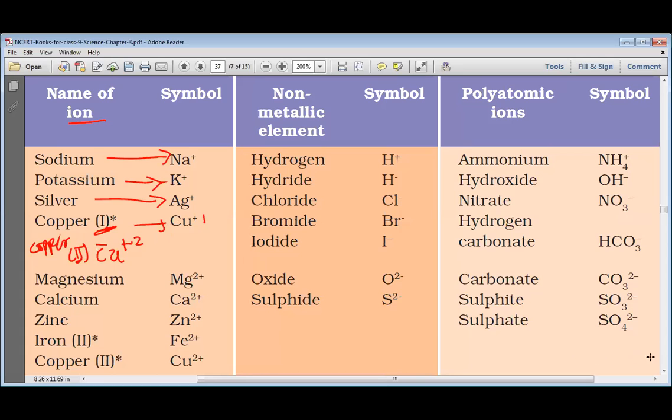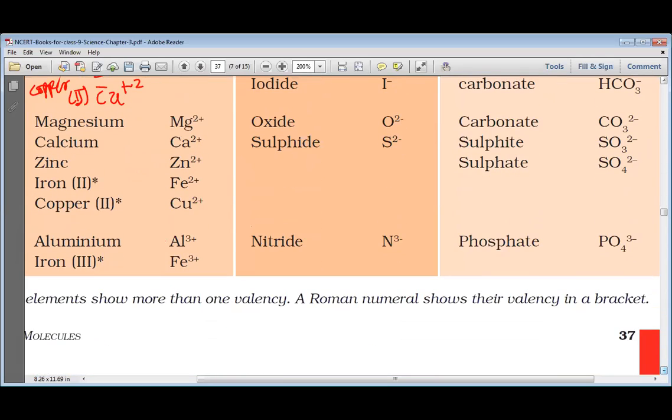In the same way, my dear students, let us study the other ions. We may have magnesium plus 2 ion, that is magnesium ion, calcium plus 2 ion, that is calcium ion. We may have zinc plus 2 ion, that is zinc ion. You can see here we have iron 2 ion, that is Fe plus 2, but copper 2, that is Cu plus 2. We may have aluminum ion, that is aluminum plus 3, and we have iron 3 ion, which has plus 3 charge.